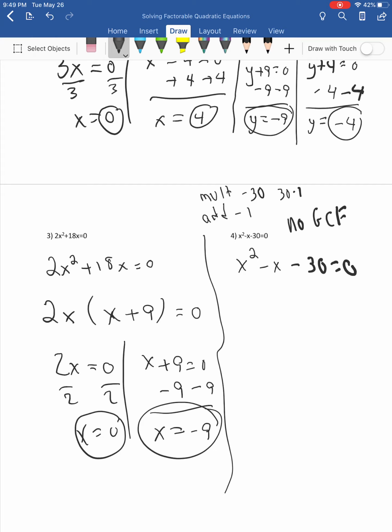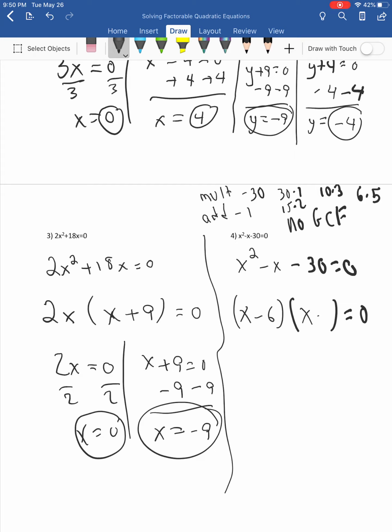So let's see, 30 times 1, that's not going to work. 15 and 2, nope. 10 and 3, nope. 6 and 5, yes. So an x here, an x there. So we needed to add to negative 1 and multiply to negative 30.